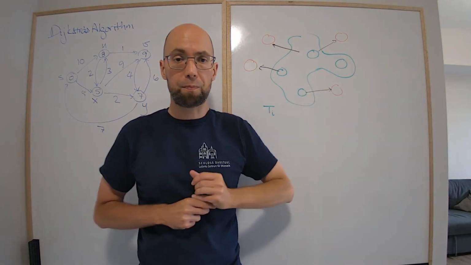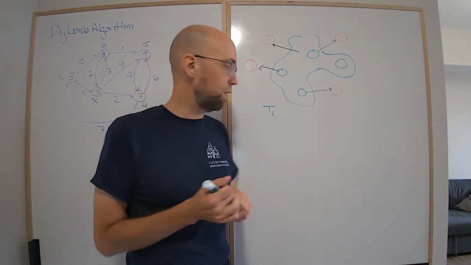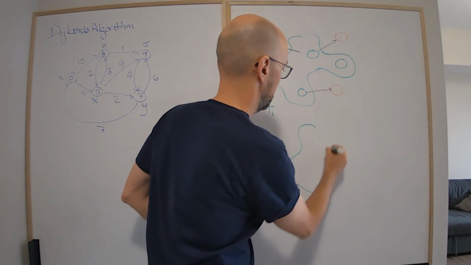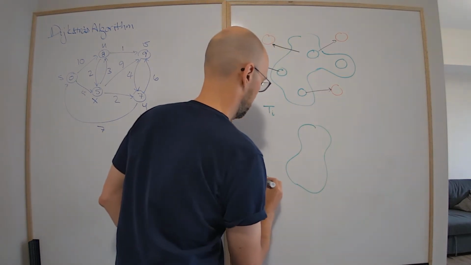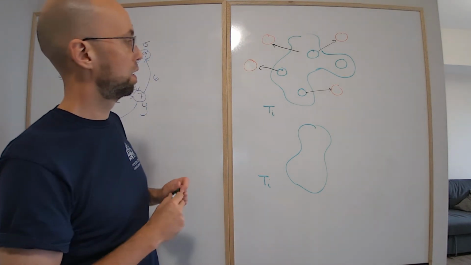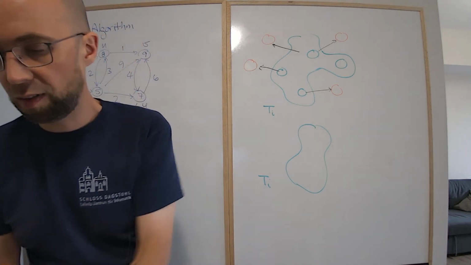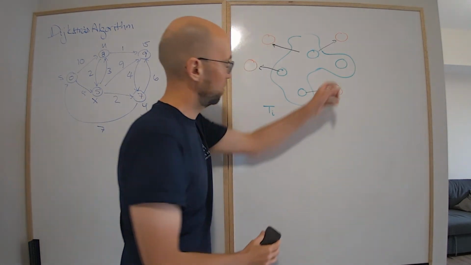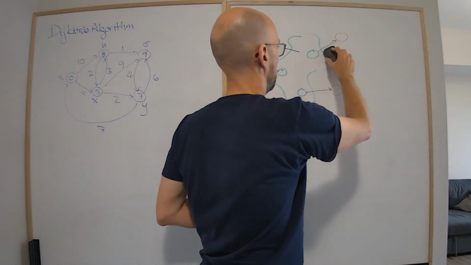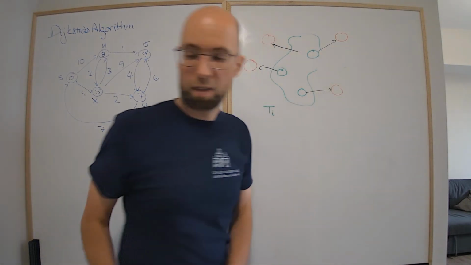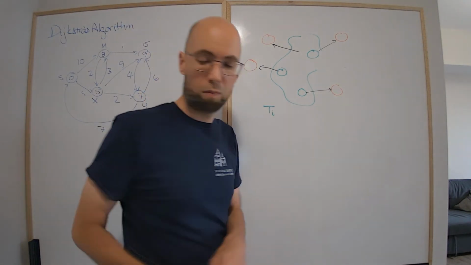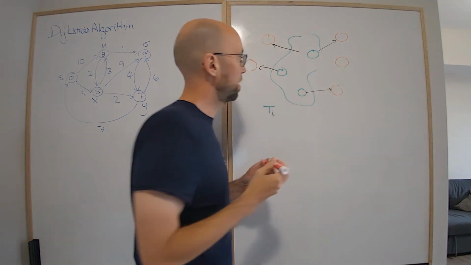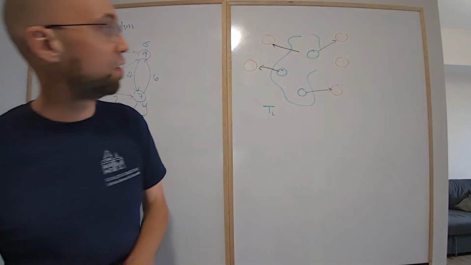Okay? So why is this correct? Well, suppose it's not correct. So remember we had T sub I. Let's change it back. So we want to take this one across this edge.